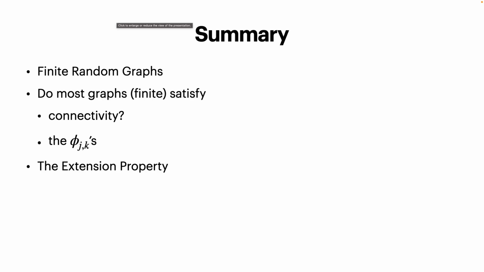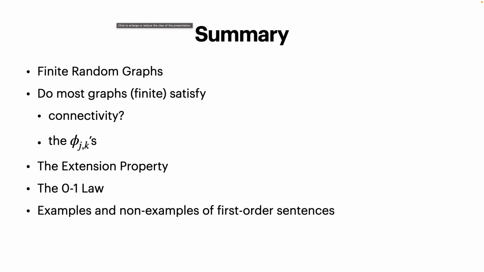And then we talked about the extension property, and we showed that there exists an infinite but countable graph that satisfies this extension property, and we explicitly constructed one, and we talked about how it's unique up to isomorphism, and our theory of a random graph is complete. And then we introduced the most important theorem, the 0-1 law. And then we showed some examples and non-examples of first order sentences.